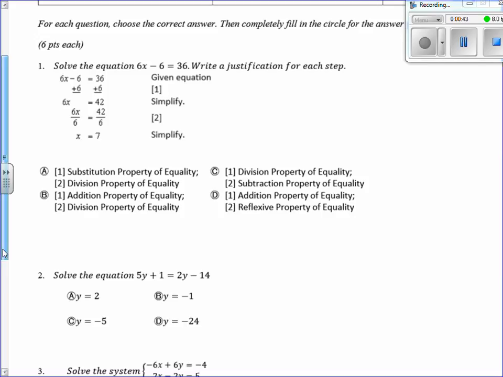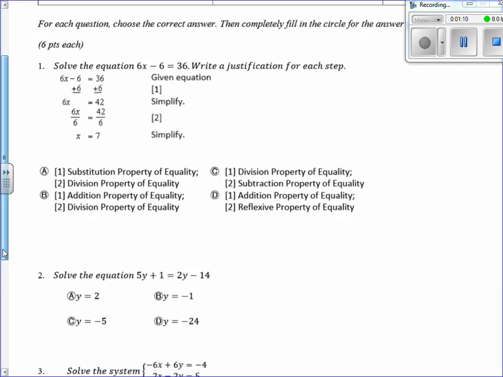You should have your calculator out. You should have your test out. I'll also include a link to a blank copy of this test. And you should be working through the problems. In fact, you should try the problem first by pausing the video and going as far as you can, and then allow the video to play to see if you did it correctly.